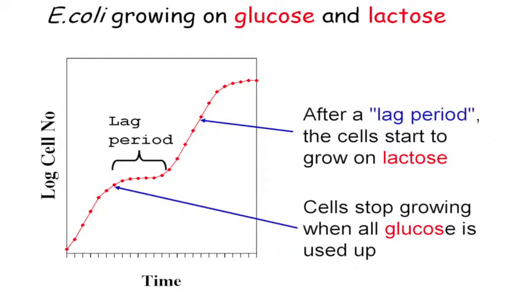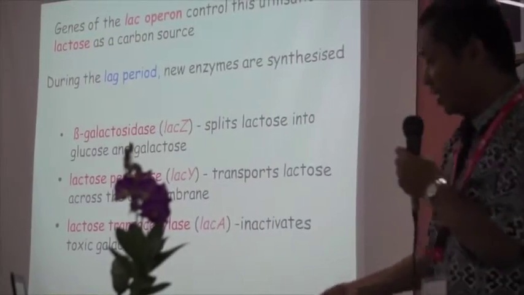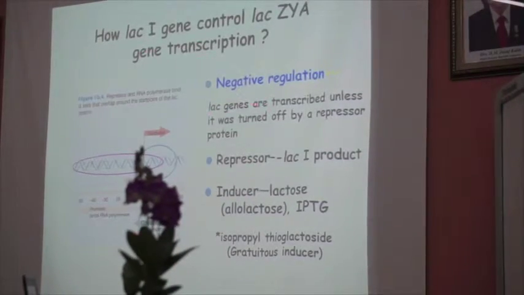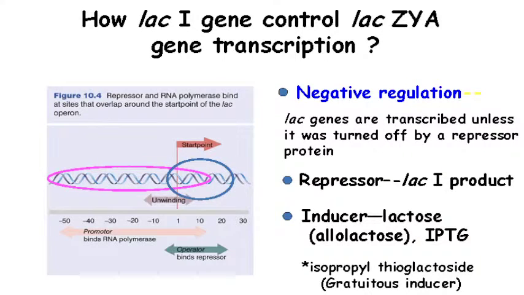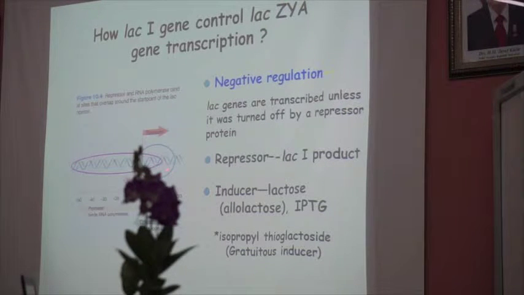How can we observe this phenomenon? When we grow E. coli on lactose, these three genes have their functions. When we analyze the promoter or operator region, we can see downstream of the lacI gene there is an area, the purple area, where the RNA polymerase starts to transcribe.